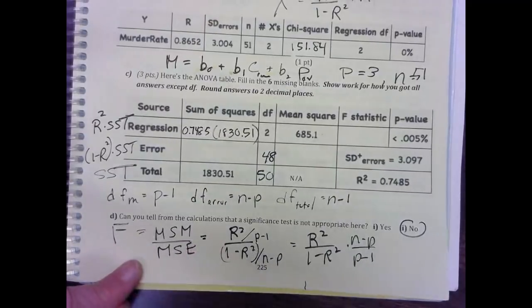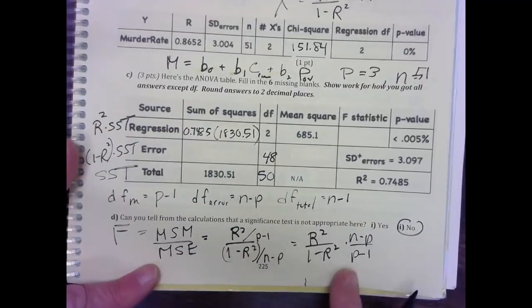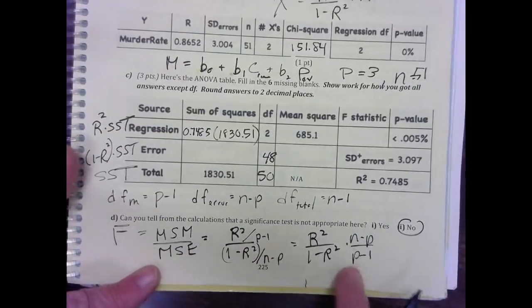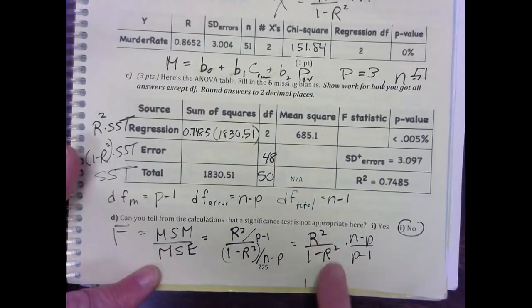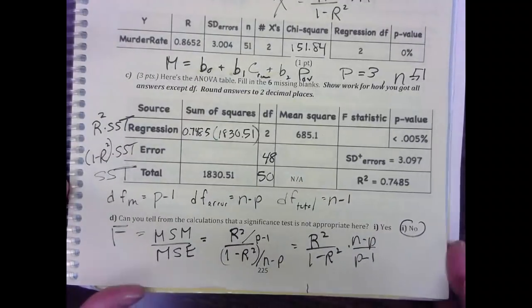That's the same thing. It's also the same thing as computing it directly from the R squared. If you have the R squared, this is the easier way of doing it. Okay, so now let's look at our next problem.